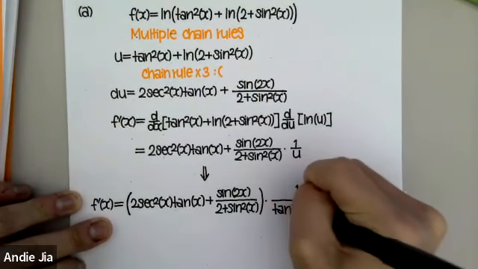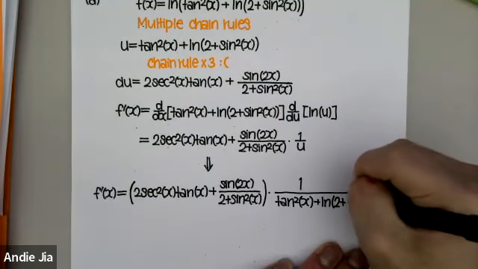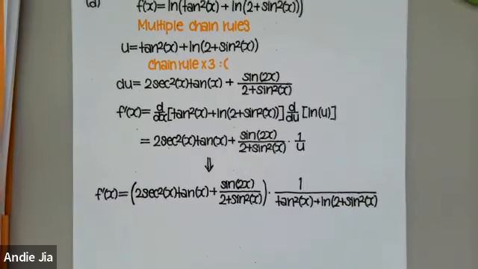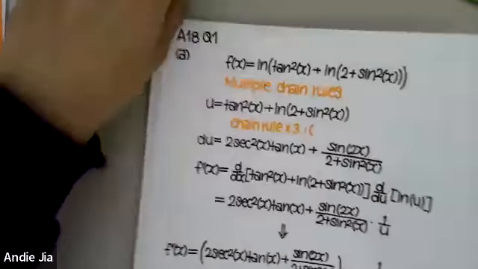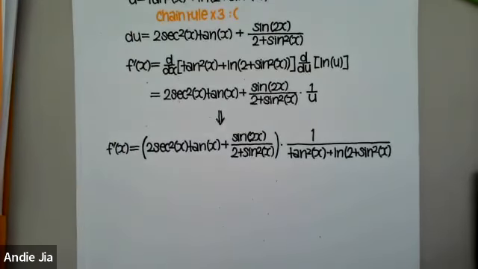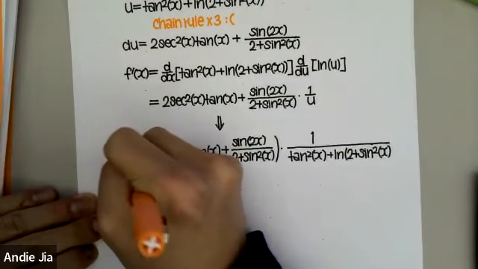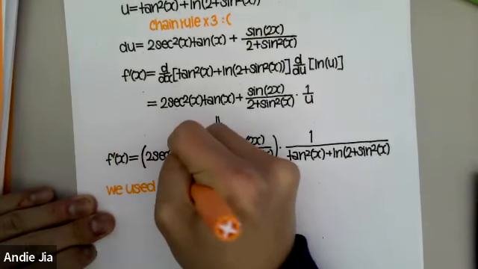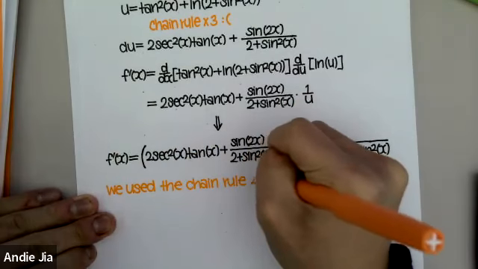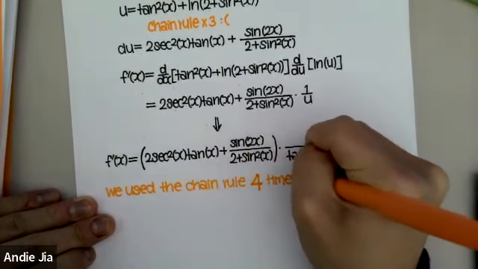So it's going to be tangent of the square root of x plus the natural log of 2 plus sine squared of x. So from this, we applied the chain rule four times in a row.